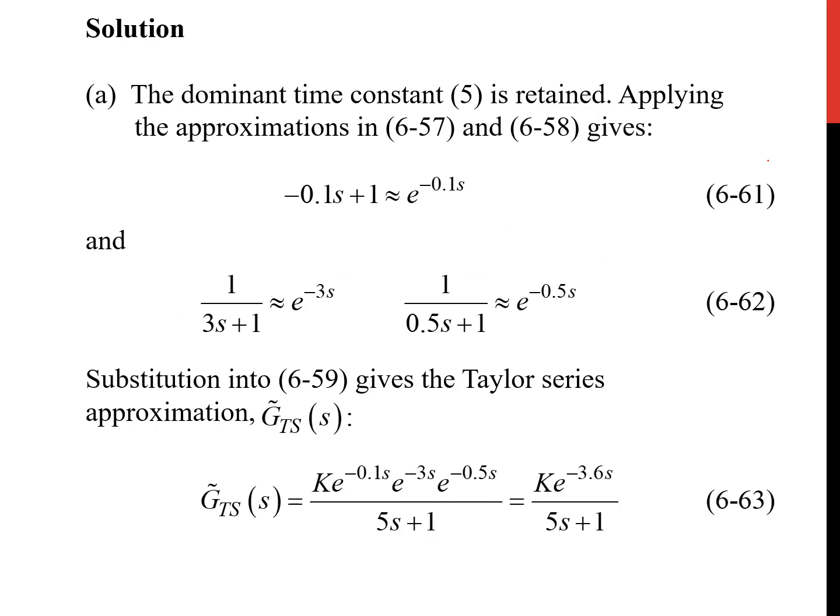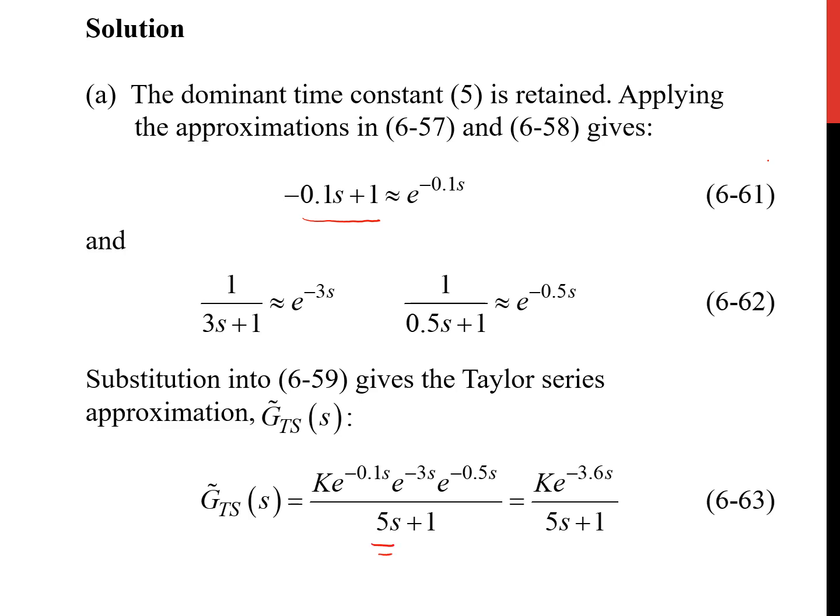For the first method, based on the Taylor series, the negative 0.1s plus 1, which is the numerator for the given equation, becomes exponent negative 0.1s. In the previous example, you have three transfer functions: 5s plus 1, 3s plus 1, and 0.5s plus 1. The largest time constant will remain at the denominator, so you remain the 5 at the bottom.